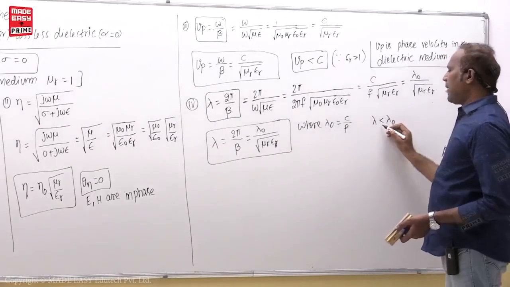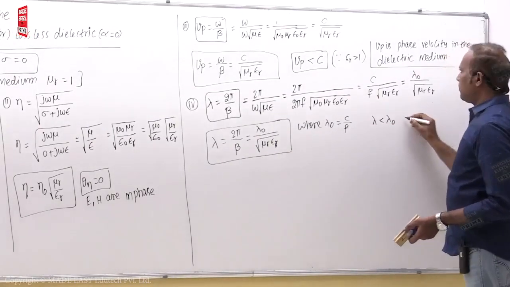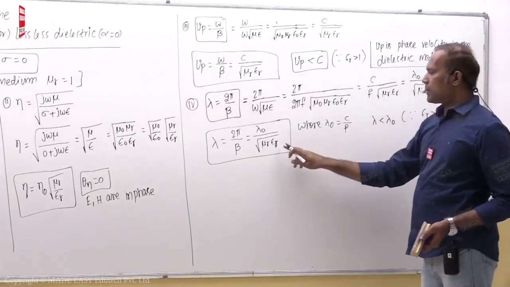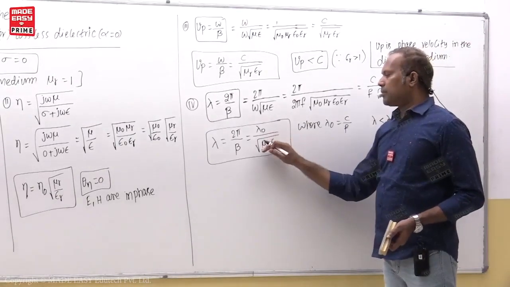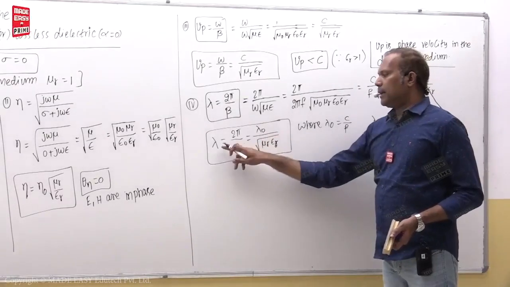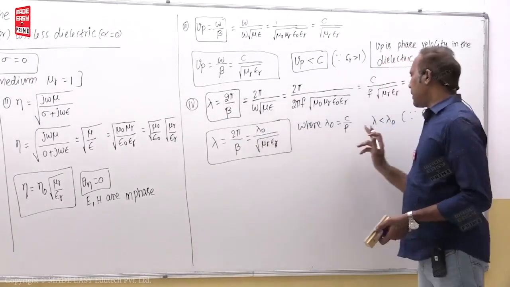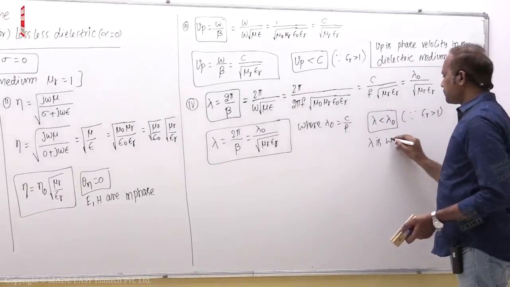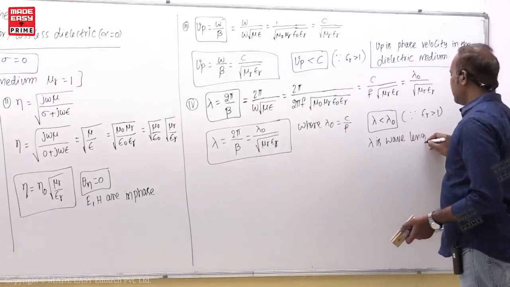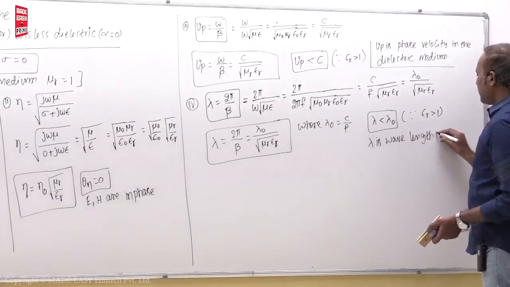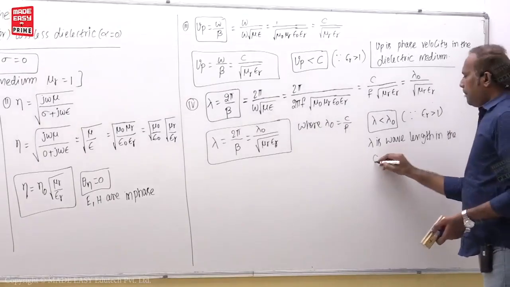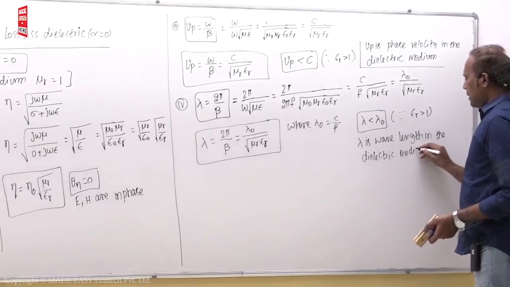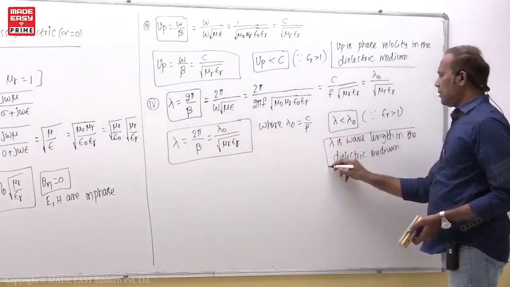Similarly, here also lambda is less than lambda naught because epsilon r is greater than 1. You see here now epsilon r is greater than 1. So the denominator is more than 1, which means automatically this will be less than lambda naught. So lambda is less than lambda naught. Here lambda is wavelength in the dielectric medium. Okay.